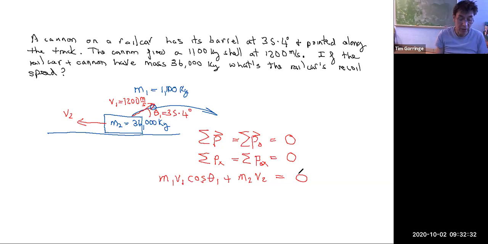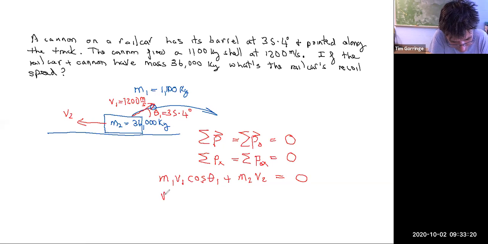And so we built a little equation from the concept of momentum conservation that contains in it the thing that we're trying to find, which is the recoil velocity. And everything else is known to us: the shell's velocity, the masses of the objects, and the direction of the shell. So let's go ahead and rearrange this equation.